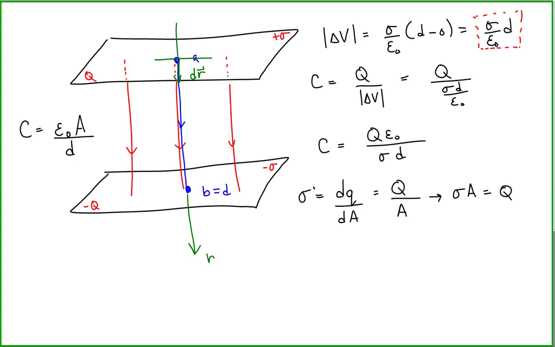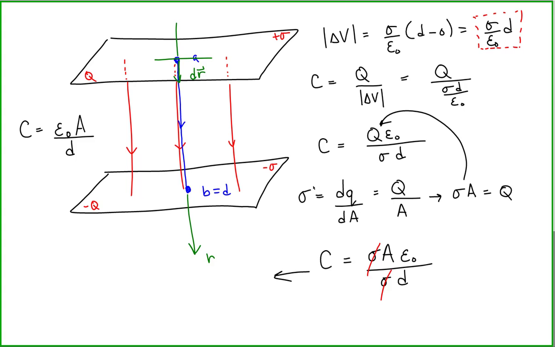Well, let's plug that into our expression for capacitance. So we get capacitance is equal to charge Q, which is equivalent to surface charge density times the area of a plate. This is multiplied by the permittivity of free space divided by the surface charge density and the separation distance between the plates. And look at this. The surface charge density cancels.